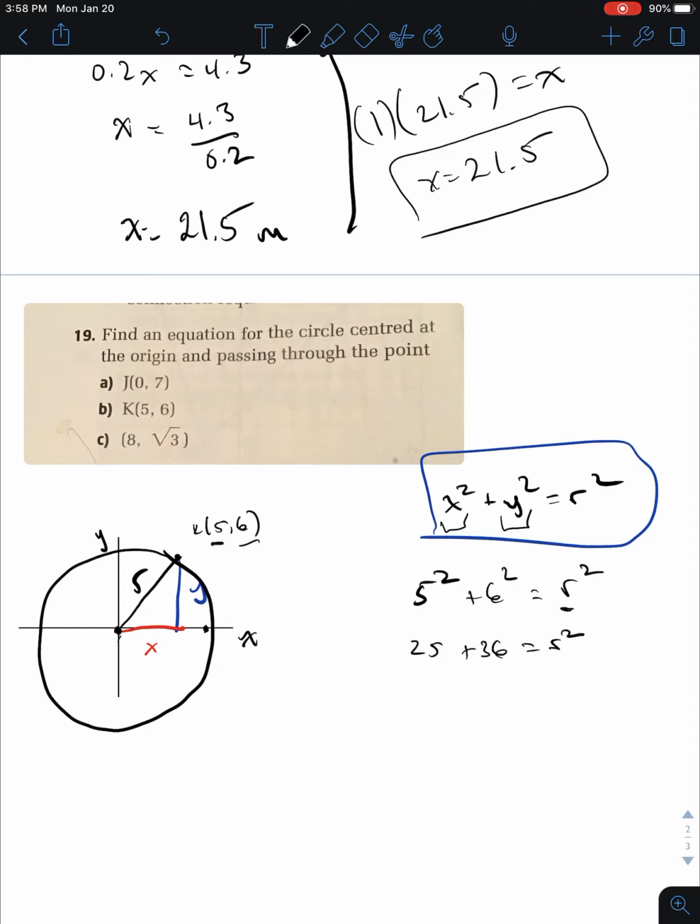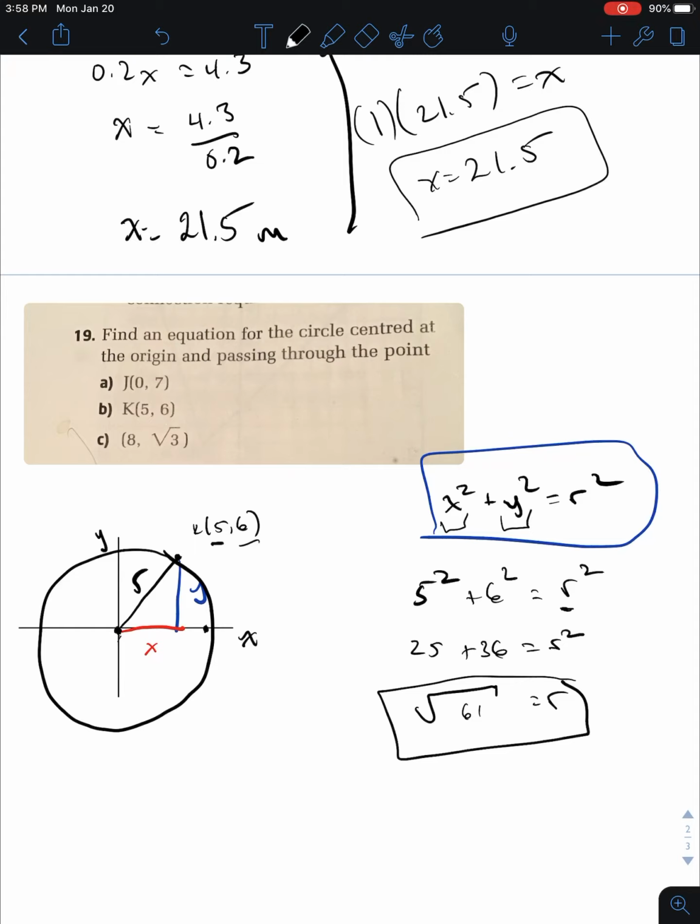So I just need to solve for r. I get 25 plus 36 is equal to r squared. The opposite of squaring something is square rooting. What's 25 plus 36? It's 61. So the square root of 61 is equal to r.